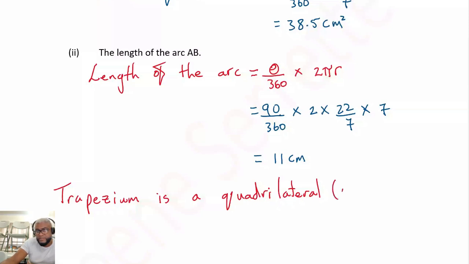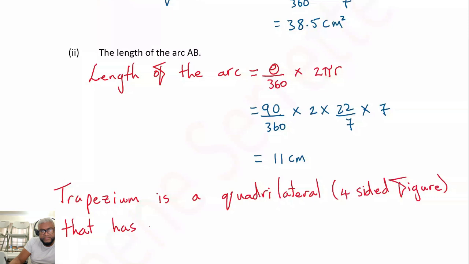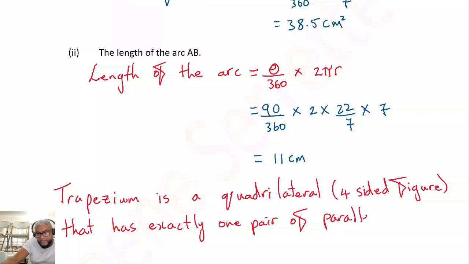Well, everybody's supposed to know a quadrilateral is a four-sided figure that has exactly one pair of parallel lines, right?